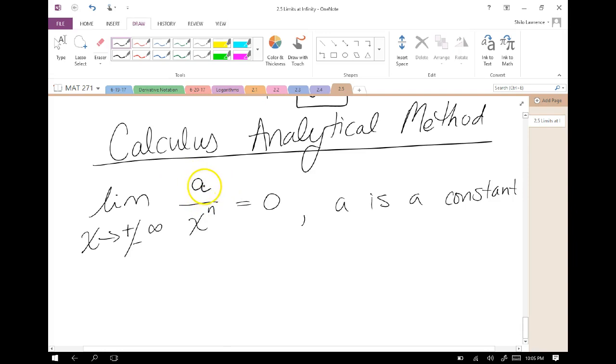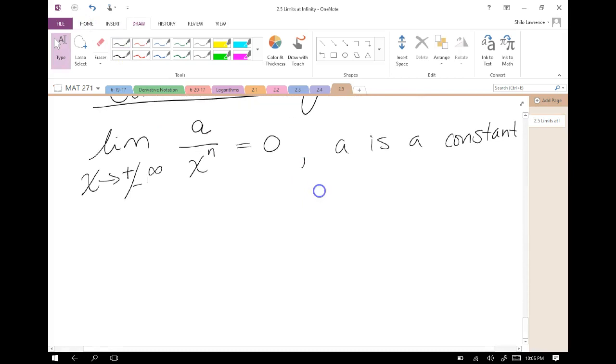So if we look at an example, let's just say 1 over x. If we want the limit as x approaches infinity for 1 over x, and we look at some of the values of 1 over x, the numerator is staying a 1, but our denominator is getting larger and larger and larger.